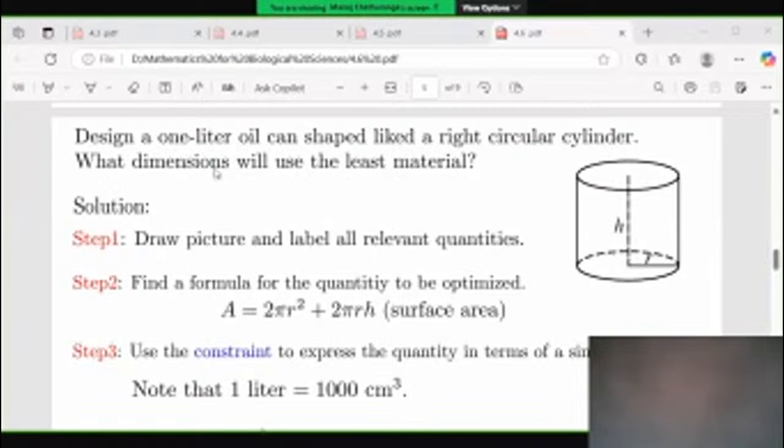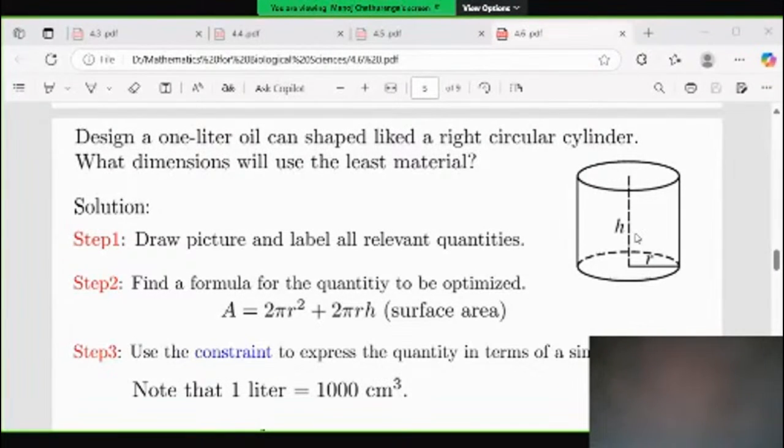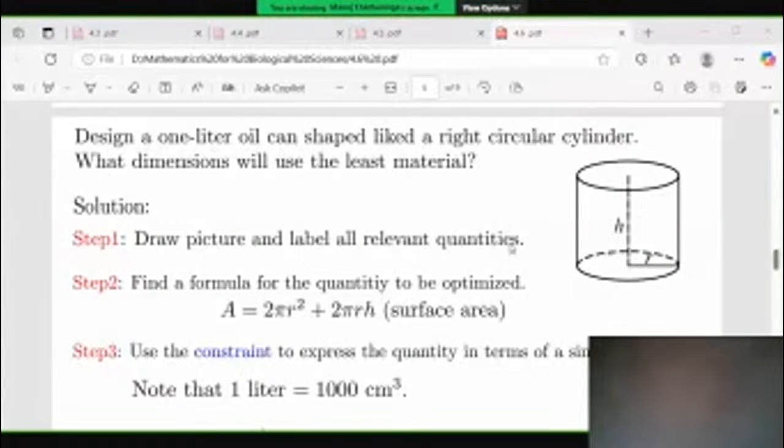So we need a function for the amount of material. Amount of material means the surface area. So we want to minimize the surface area while keeping the same volume. So the first step is to draw a picture, identify the given parameters, and label all relevant quantities, height and radius.